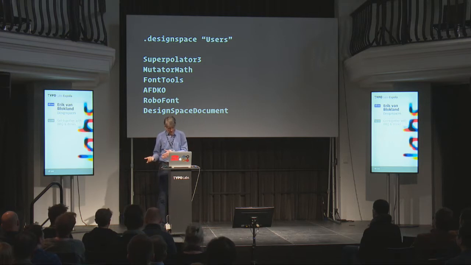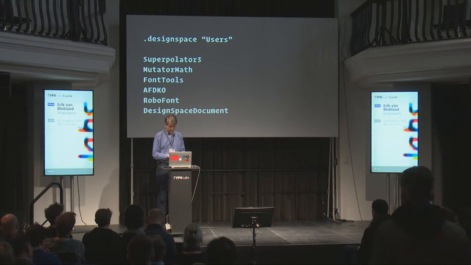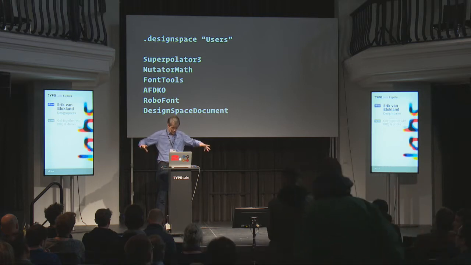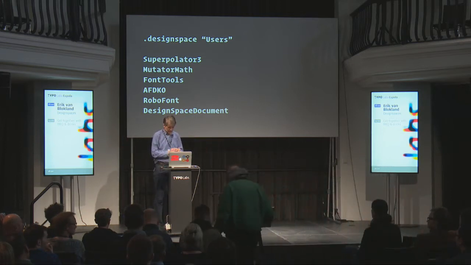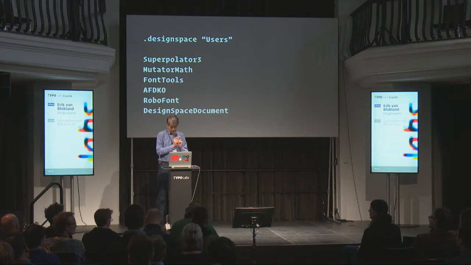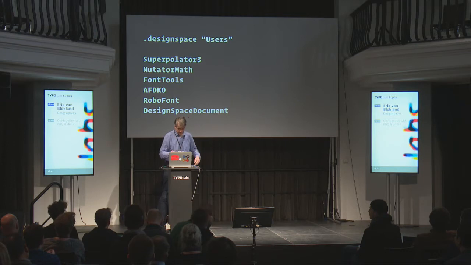FontTools reads it, the FDK reads it and does stuff with it, and there's a little extension for RoboFont that does it, but all of these tools have a different idea what a design space is or what should be in there. I felt like all of these cats were running in different directions, and I wanted to get them together and see if I can actually define in one place, in one bit of code and one format, what a design space is.